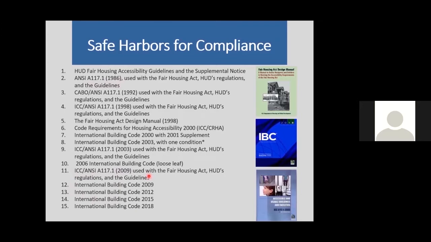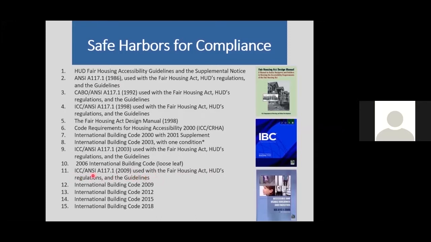But recently, at the beginning of this year, HUD pulled in the more recent ANSI standard 2009 as an approved safe harbor when it's used with the Fair Housing Act, HUD's regulations, and the guidelines, because you need those for scoping, to determine you have a building that needs to comply.